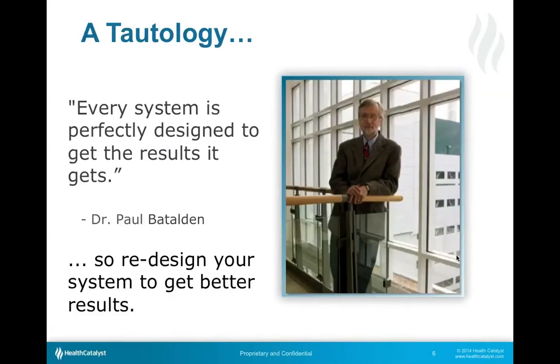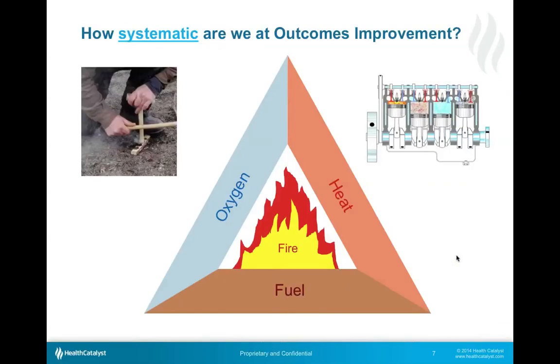I love this quote: every system is perfectly designed to get the result it gets. And so I would just add to that, why don't we redesign our systems to get better results, or in this case, better outcomes? If you think about systematically improving outcomes, if we go back to our fire analogy, is our organization one that's rubbing two sticks together and maybe we get a fire after 100 tries?